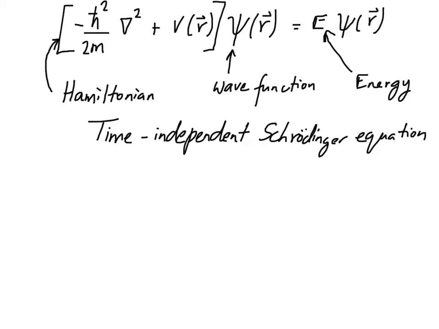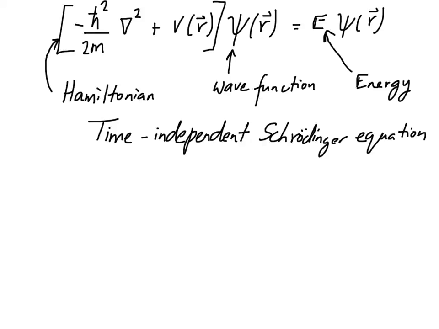Since our electrons are free, or it can even be particles, it doesn't have to be electrons, free electrons are free particles. Let's say they are completely free. If they are free, then the potential V is zero, right? It's a constant, first of all, and it's zero. So there is no potential energy trying to bind our electrons in any particular place.